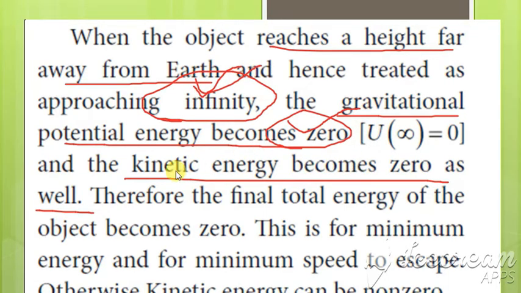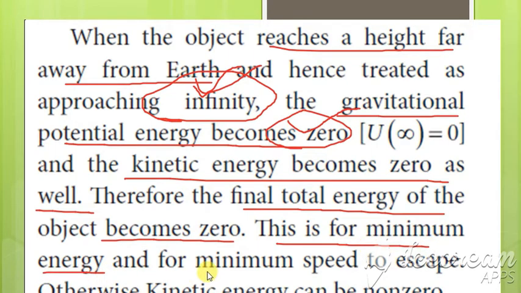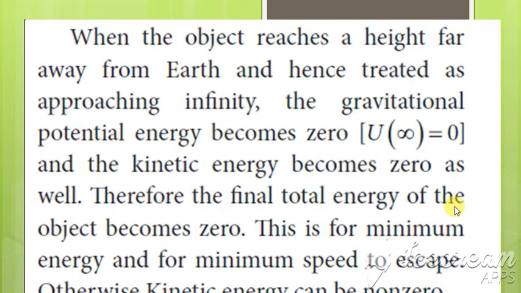Since both are zero, we can say that the total energy also becomes zero. This is for the minimum energy and the minimum speed to escape. Clear with this concept?